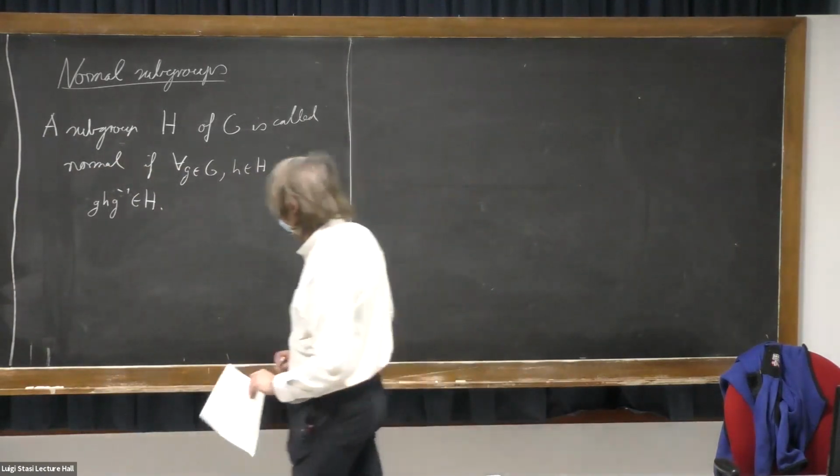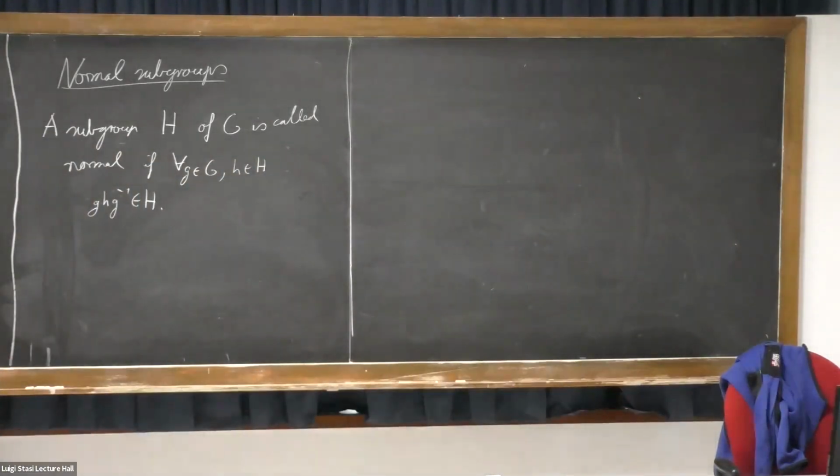So now let's actually prove that this also gives us a group structure on the set of cosets.